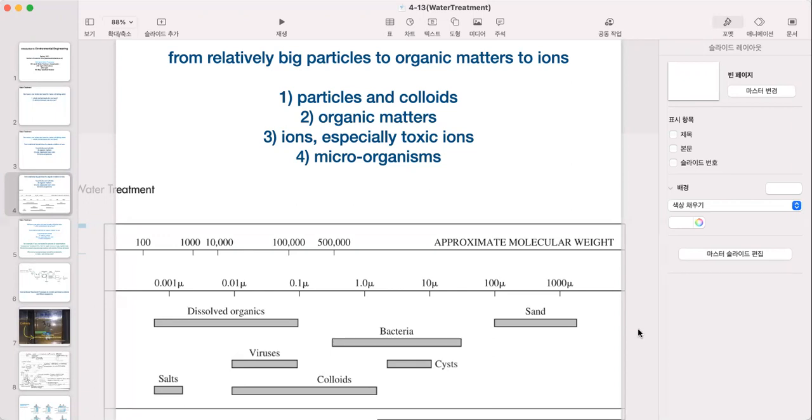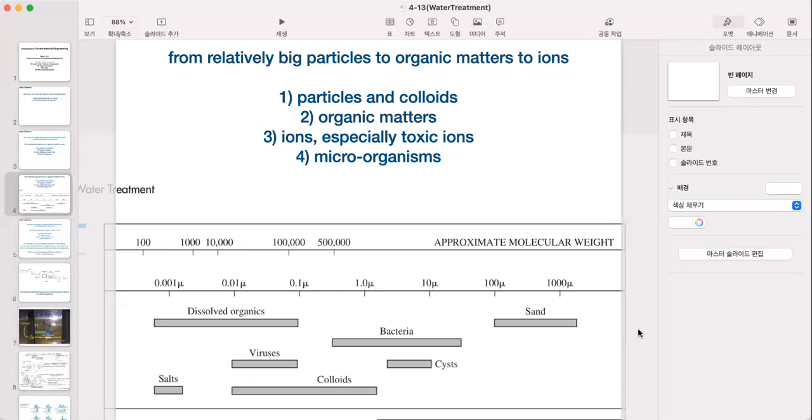So we've been through what kind of contamination we have in our source water to make a safe and clean drinking water. And we understand the approximate size of those contaminations, from particle to colloid to dissolved organic matter and salt. And then we would like to understand the mechanisms to remove those things.